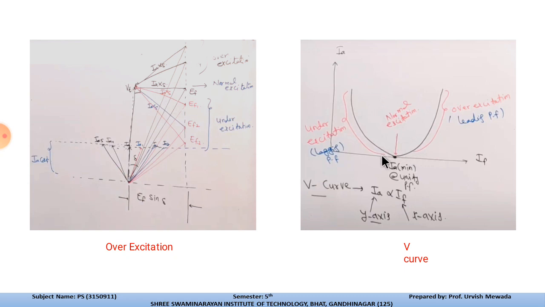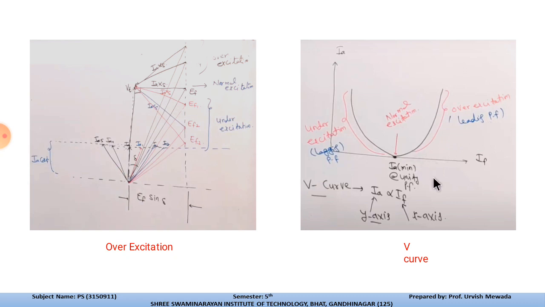Practically it is not possible, but we are considering the theoretical case here. At normal excitation, the synchronous motor behaves like a resistive circuit, so the power factor is unity. If we increase the field current further, the power factor of the synchronous motor becomes leading.